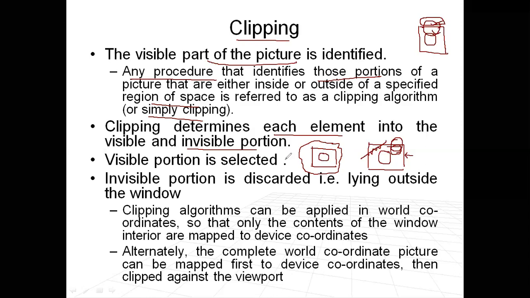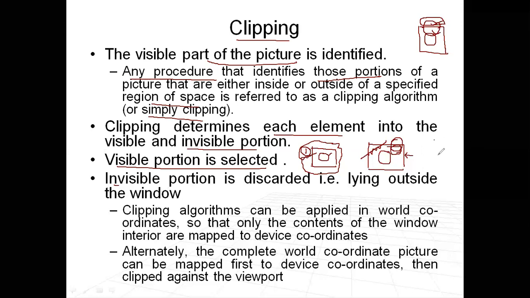The object lying within the viewport will be considered as the visible portion, so that has to be selected. Whereas any portion lying outside the viewport will be considered as the invisible portion.